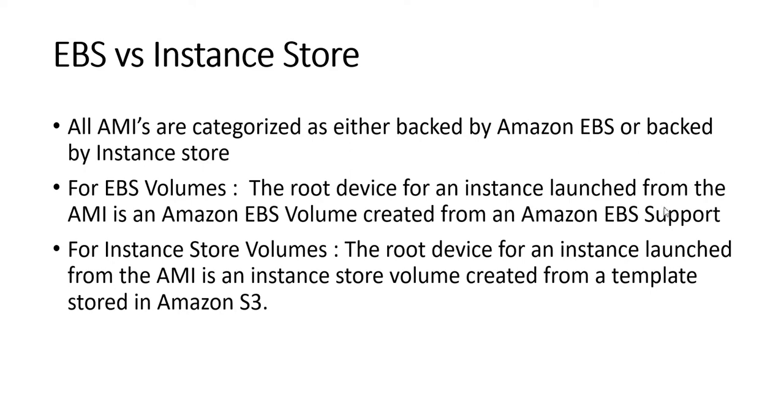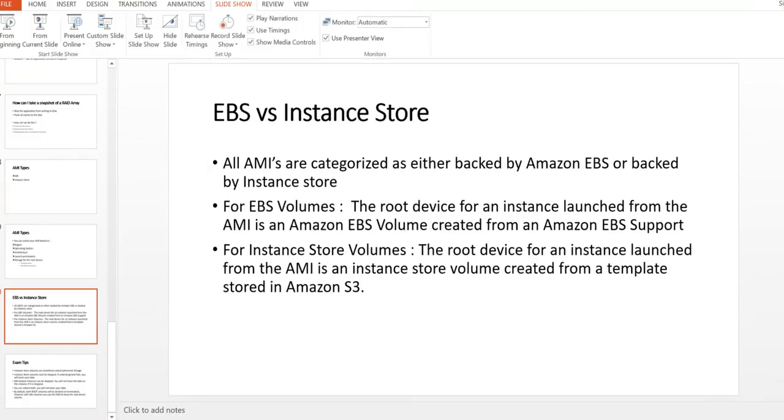And for the instance store volumes, the root device for an instance launched from the AMI is an instance store volume created from a template stored in Amazon S3. That's why provisioning of EBS volumes is faster.